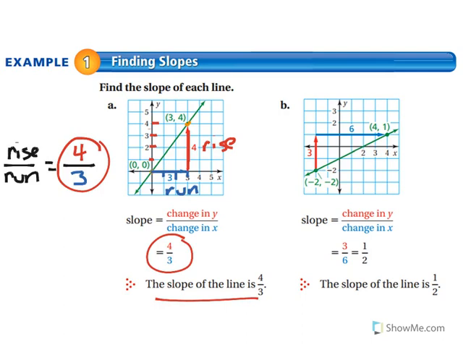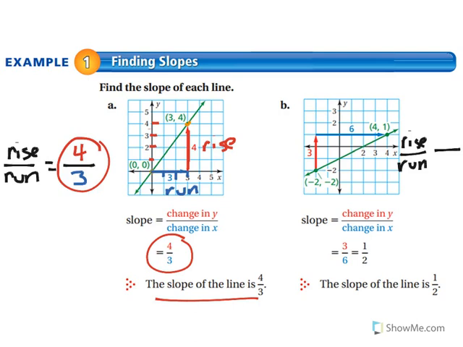Let's take a look at our problem B. Again, we're doing rise over run. This time we're going to start with the rise.